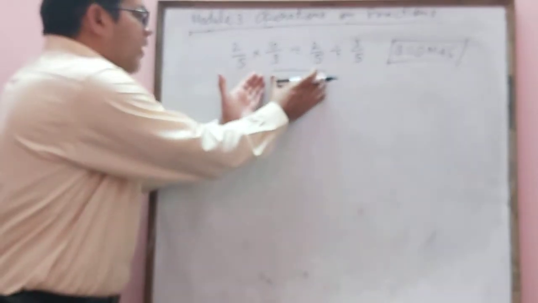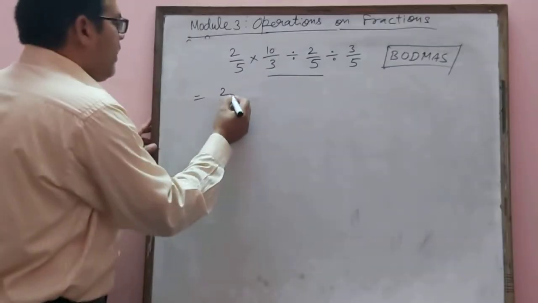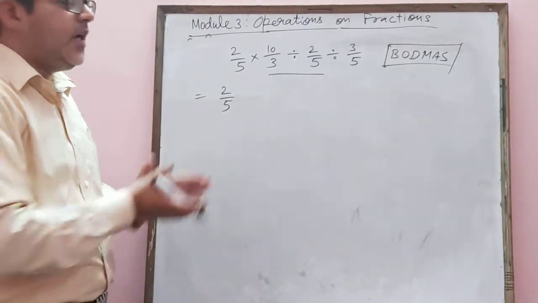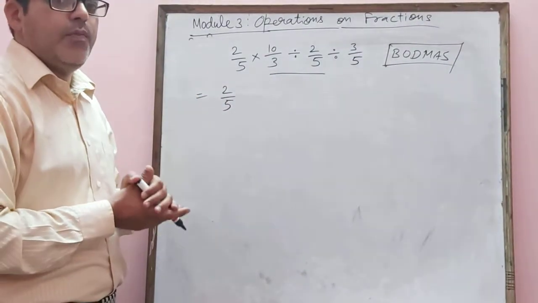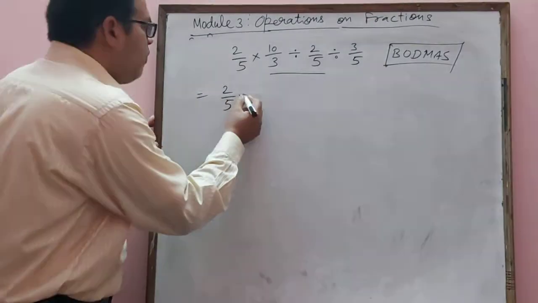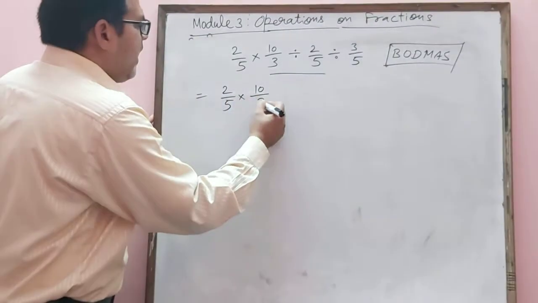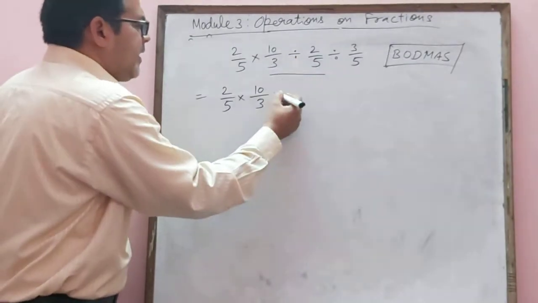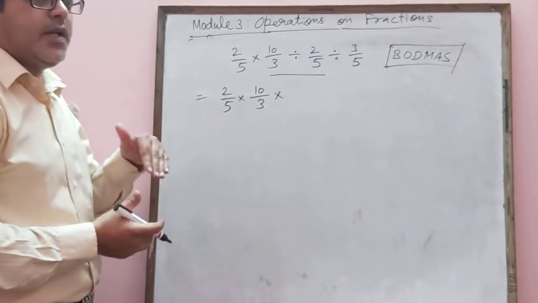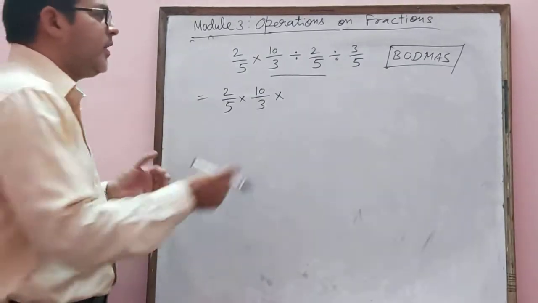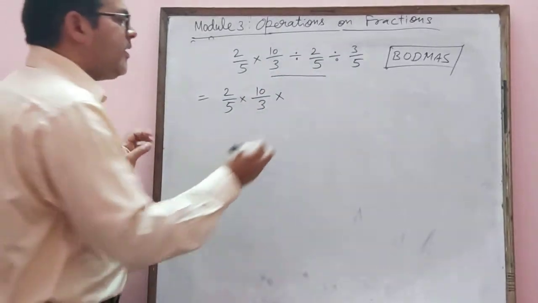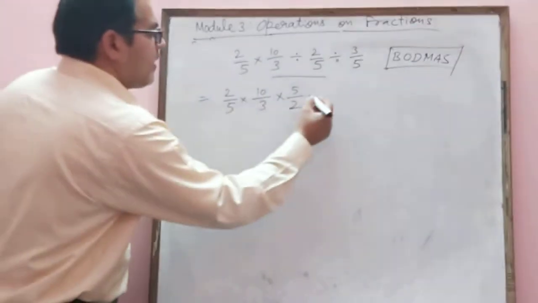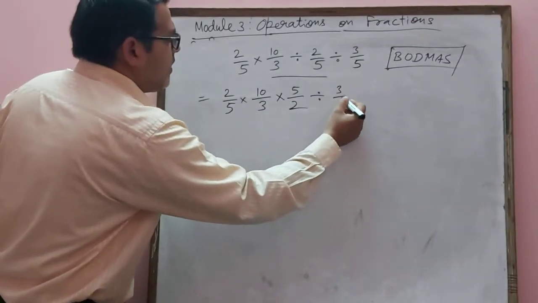So we need to solve this one first as per rule of BODMAS. So what we can do? We can write 10 by 3 as it is, and we can change this division into multiplication after taking reciprocal of the divisor. This 2 by 5 is divisor, so we can write it 5 by 2. Hope you understand. And rest of the things we can write as it is.